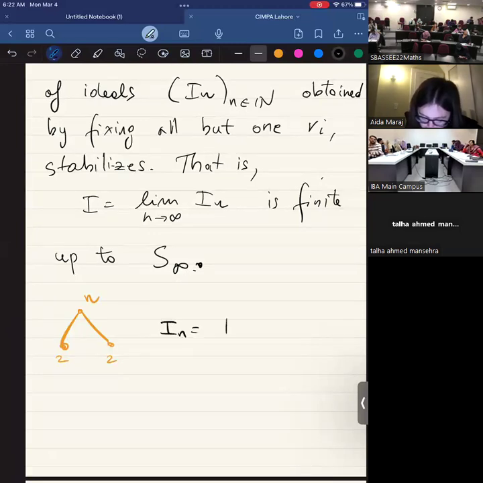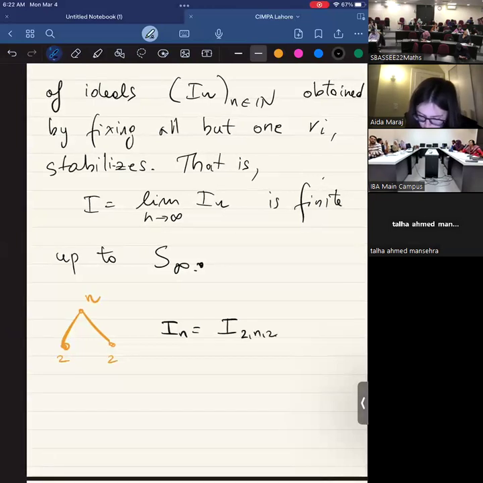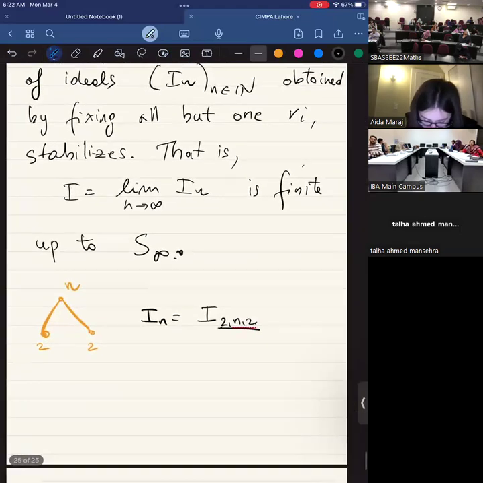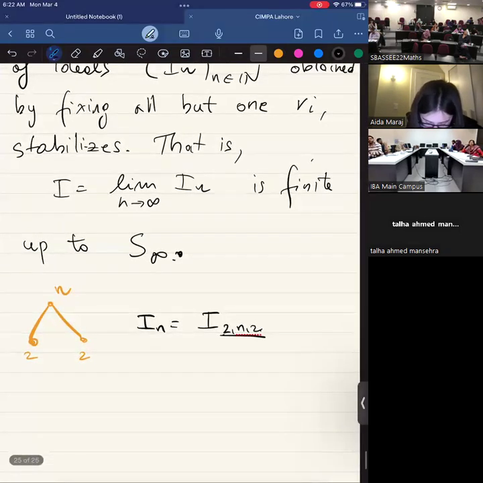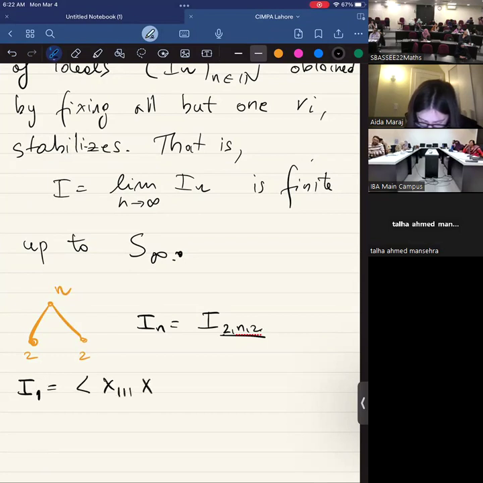I_n will be the ideal obtained by the 2, 2, n. And so in this case, when n is equal to 1, I1 is generated by just x_{1,1,1} x_{2,1,1} minus x_{1,1,2} x_{2,1,2}.